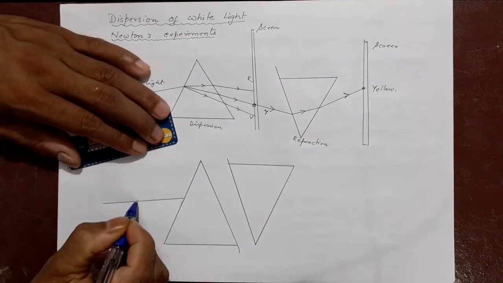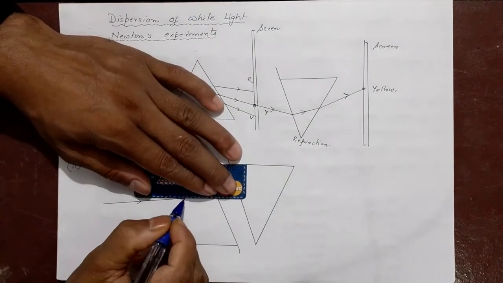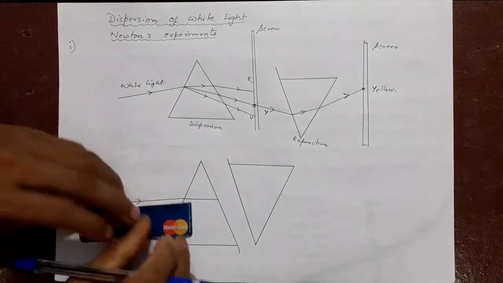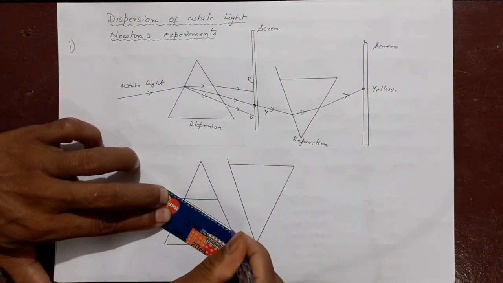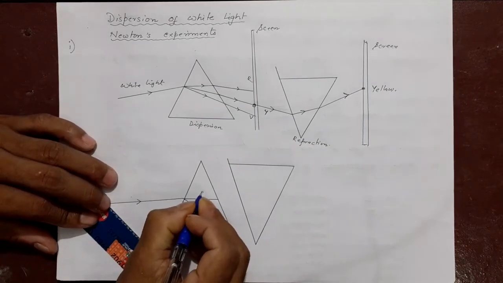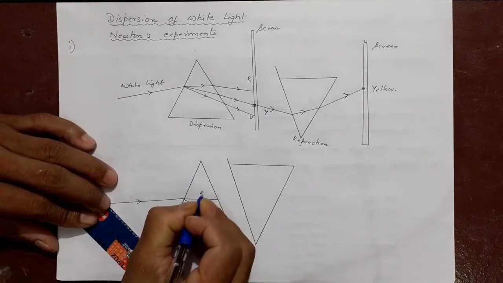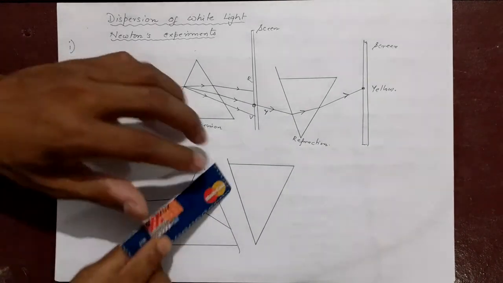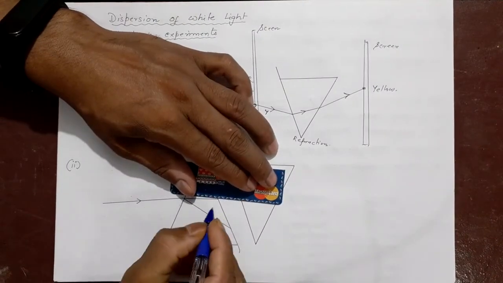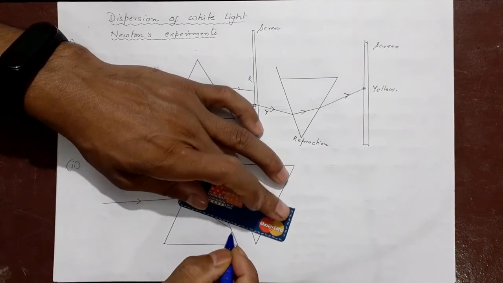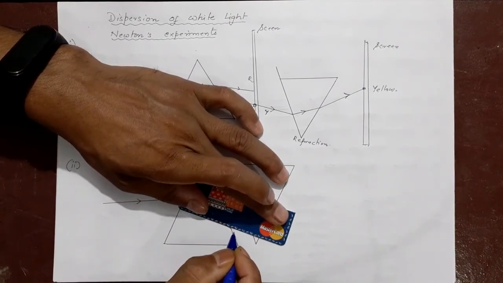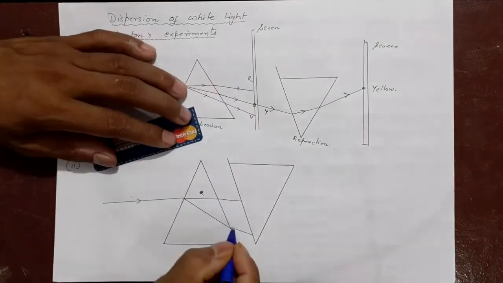Suppose this is the white light coming here, and this is the red color, and I should draw outside red color in that, and then it will go somewhere here.